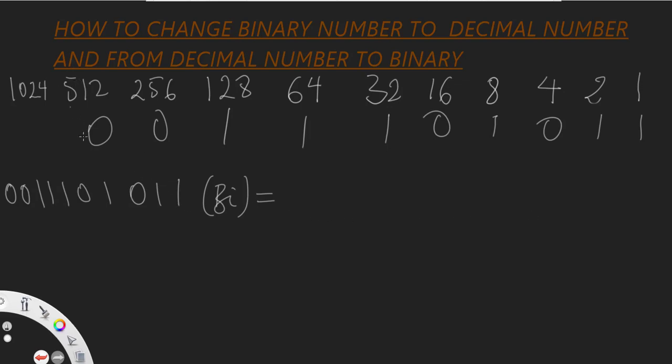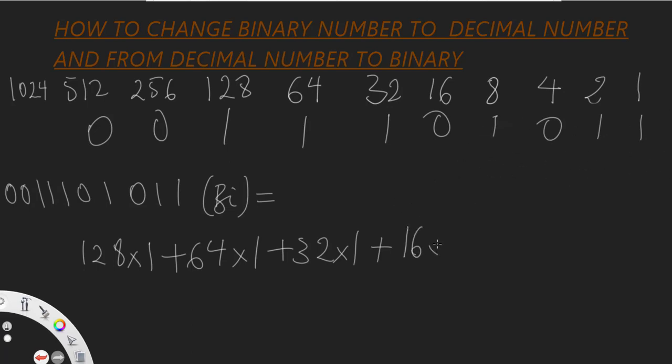So what will happen here? We don't mind the leading zeros; they will give us 0. Let's start from here: 128 times 1, plus 64 times 1, plus 32 times 1, plus 16 times 0, plus 8 times 1, plus 4 times 0, plus 2 times 1, plus 1 times 0.